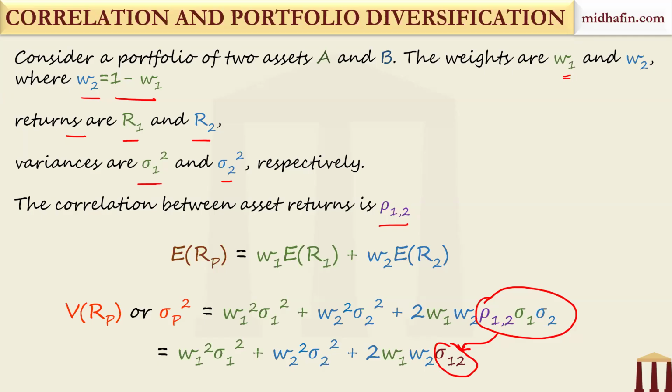So the weight is 80%. It means 8 lakh rupees, or 800,000 rupees, in the mutual fund, and 2 lakh rupees, or 200,000 rupees, in government bonds.